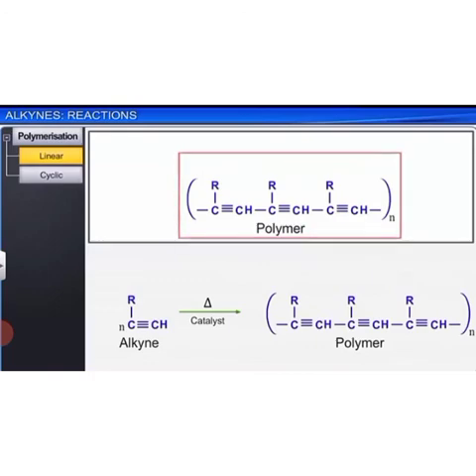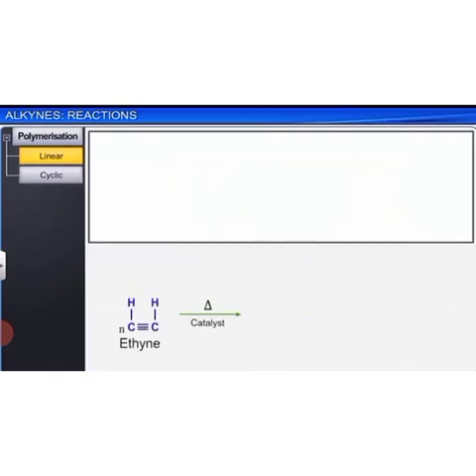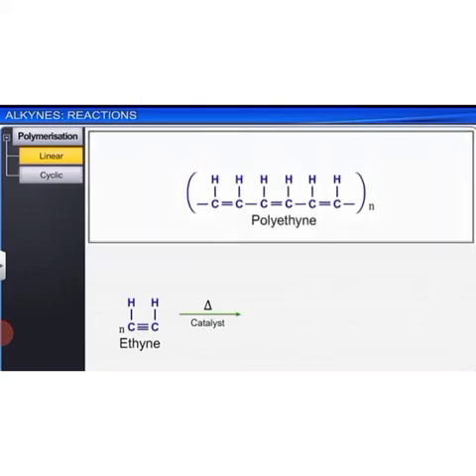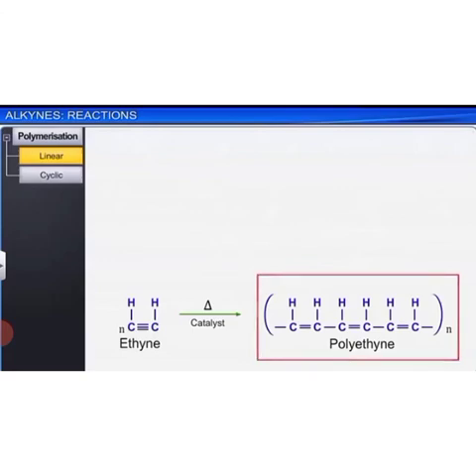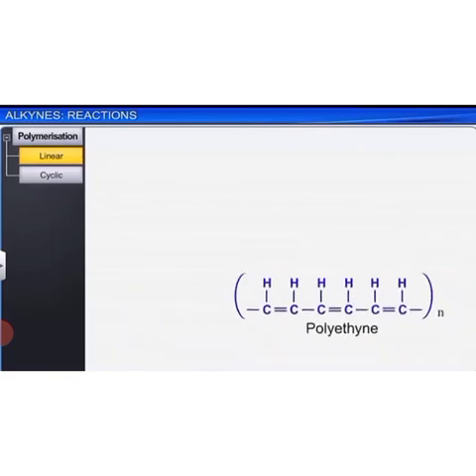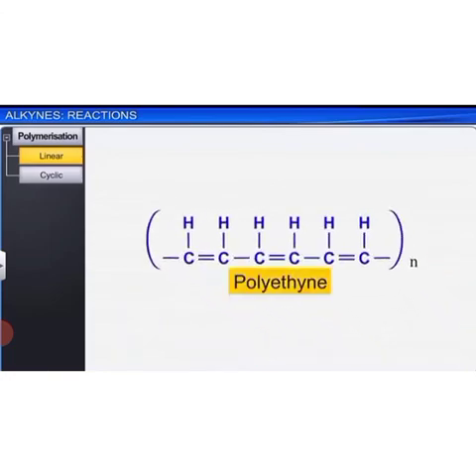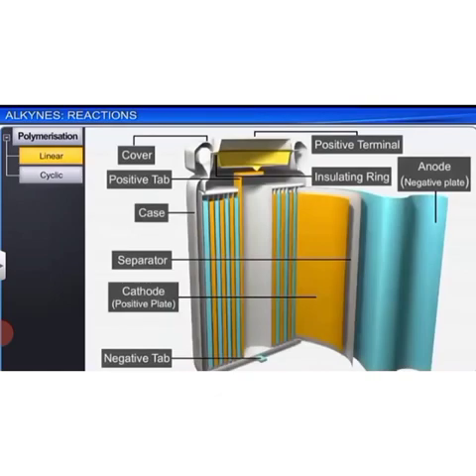For example, linear polymerization of ethyne produces polyacetylene or polyethyne. Polyethyne is a high molecular weight polyene which consists of repeating units as shown here. The polyethyne molecule is represented as shown. It conducts electricity under special conditions. This is why a thin film of polyethyne is used as an electrode in batteries.